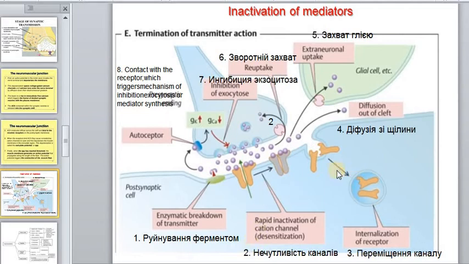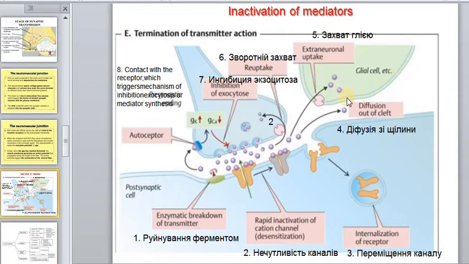And one more: we have this part of the postsynaptic membrane, and we just move it inside. Internalization of the receptor, and this protein can't contact the neurotransmitter. One more, diffusion out of the cleft. The neurotransmitter molecule can just flow anywhere.